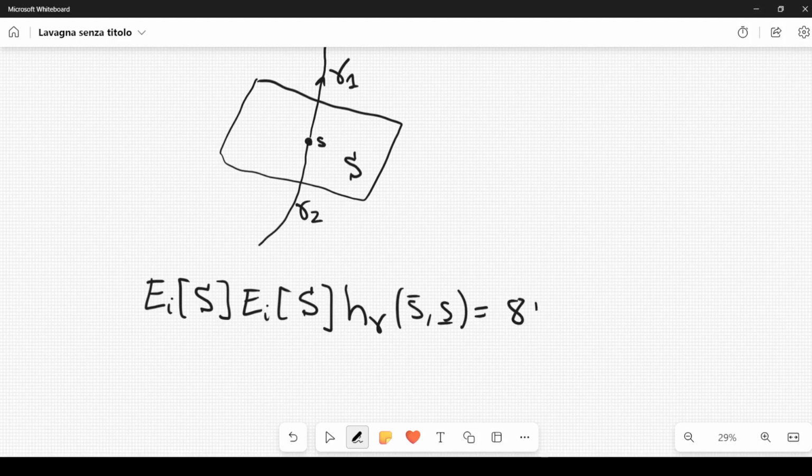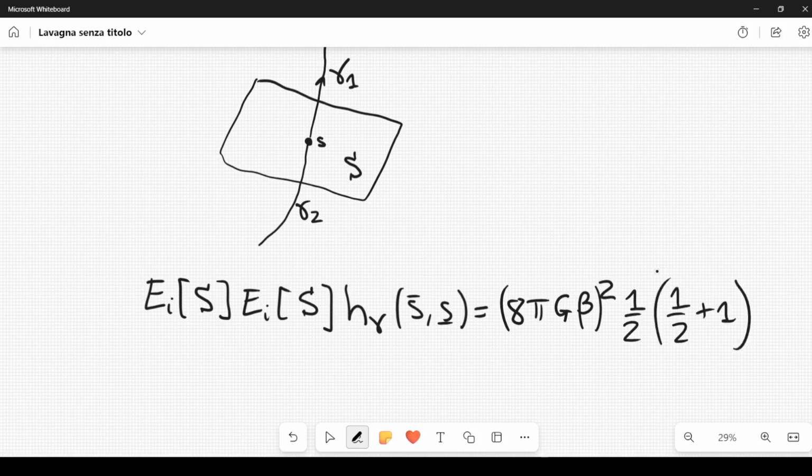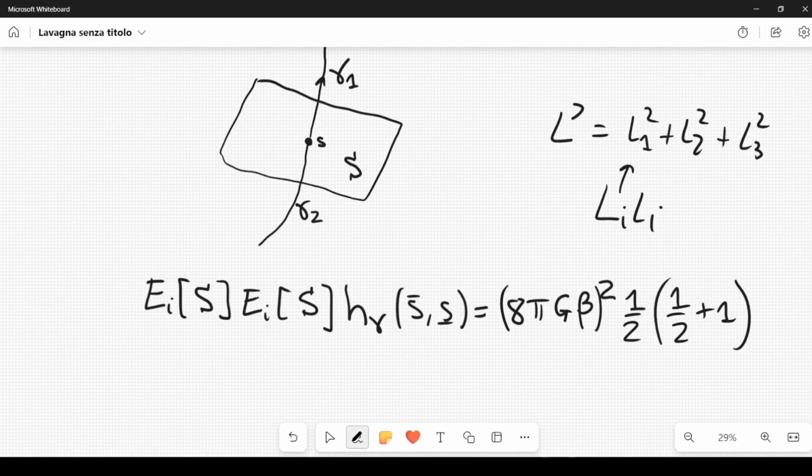We found 8πGβ squared, and then we have 1/2 plus 1. So we wrote this in this fashion instead of summing 1/2 with 1, because this is reminiscent of the eigenvalues of L_i in particular. So in quantum mechanics, this is L_1 squared plus L_2 squared plus L_3 squared, which is often just denoted as L squared.